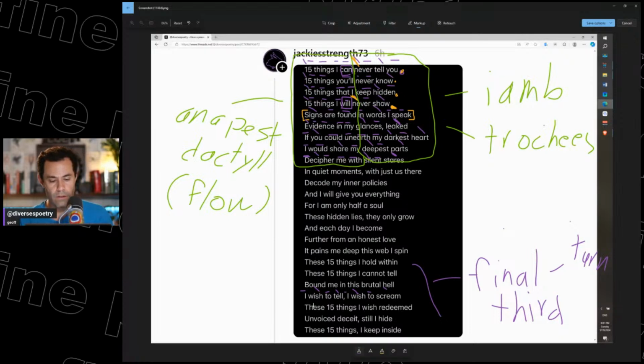And now also notice, before we had 15 things, 15 things, 15 things, but we've shifted now to these 15 things, and that changed our rhythm, right? These 15 things I wish redeemed.